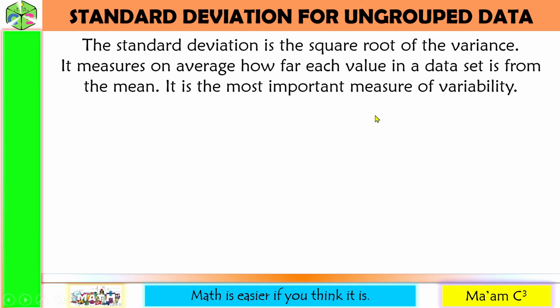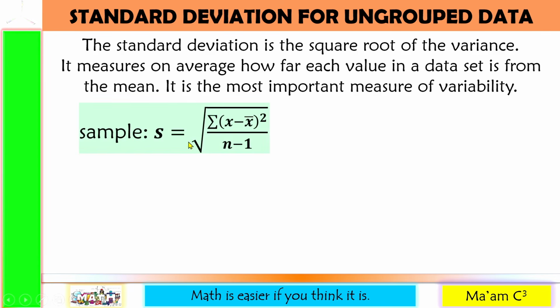The last measure of variability, which is very much related to the variance, is the standard deviation. It is the square root of the variance. It measures on average how far each value in a data set is from the mean. It is considered the most important measure of variability. For the sample, the standard deviation formula is the square root of the sample variance.